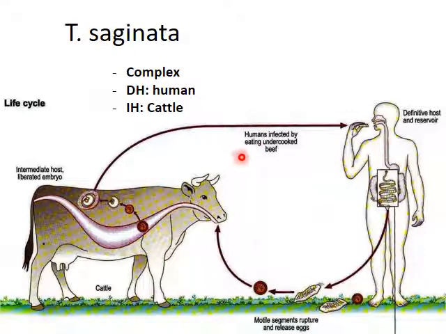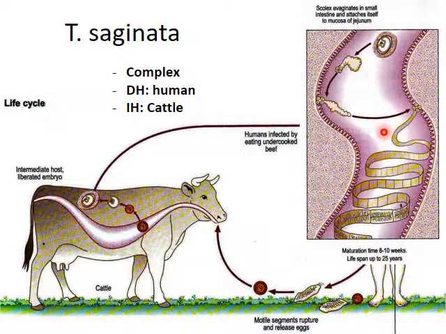Now when humans ingest this undercooked beef which is contaminated with the larval form of Taenia, it enters into the GI tract, and the larval form which was there in the muscular portion of the beef evaginates in the small intestine and attaches itself to the mucosa of the small intestine.